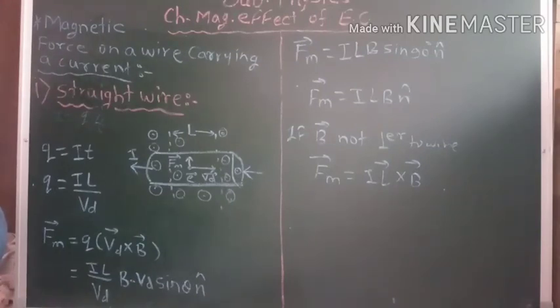This is the magnetic force on a straight wire carrying a current.